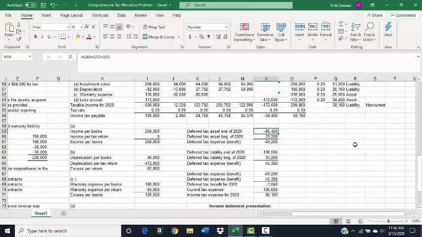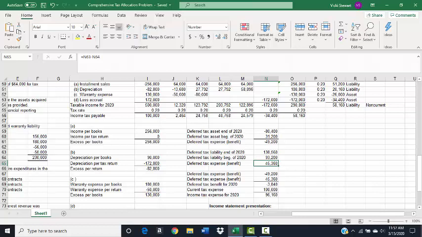So in order to determine the deferred tax expense just for this year, we are going to take that ending balance that we just calculated. We're going to subtract the beginning amount, and that's going to give us our deferred tax benefit for our deferred tax assets for this year of $49,200. We're going to do the same thing for our deferred tax liabilities. We added up the ending amounts, but now we have to subtract what we had at the beginning, and now we're going to get our deferred tax expense from our liabilities of $45,360.